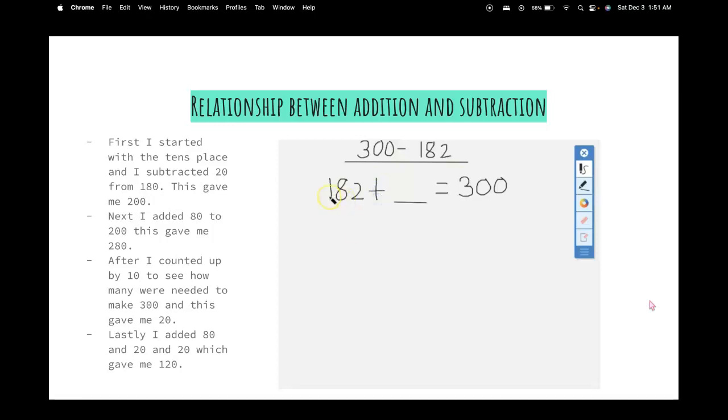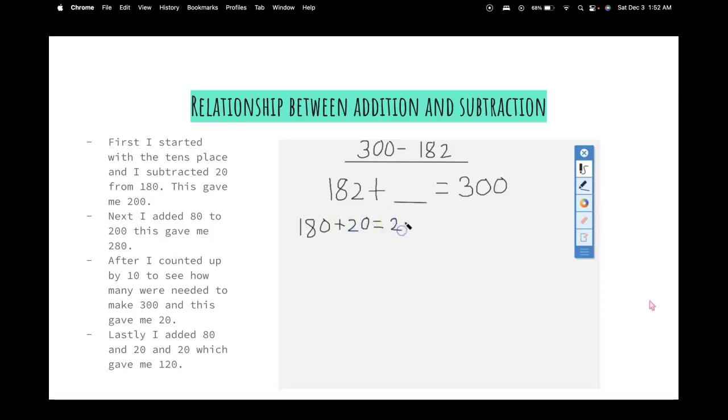So now it's 182 plus something equals 300. So first I'm going to take 180 and I'm going to add 20 in 20 increments.